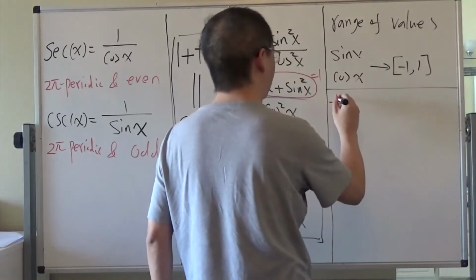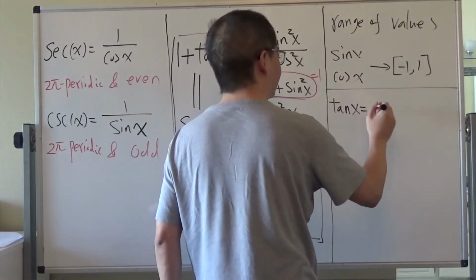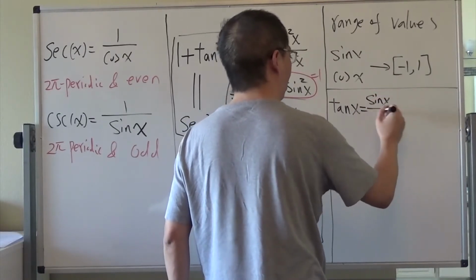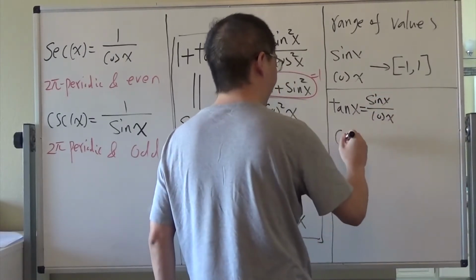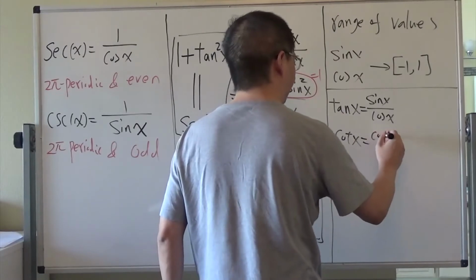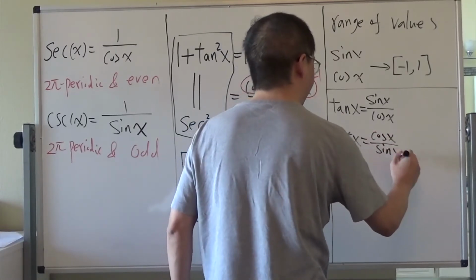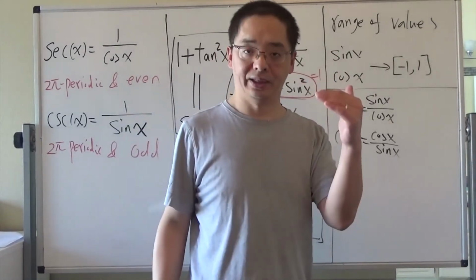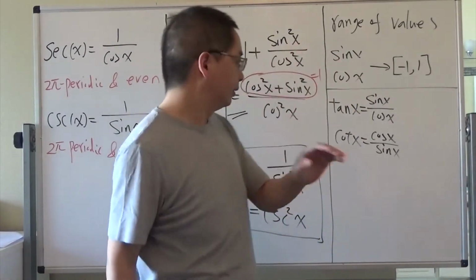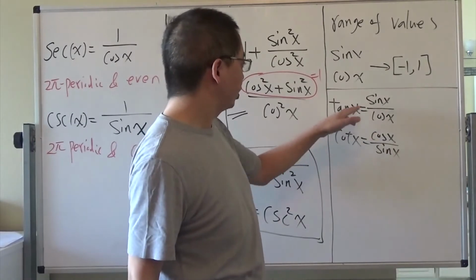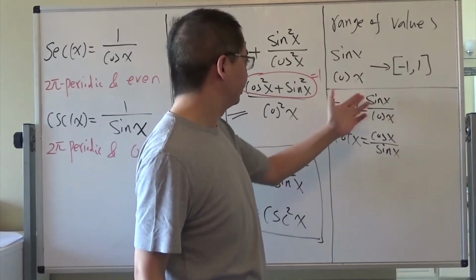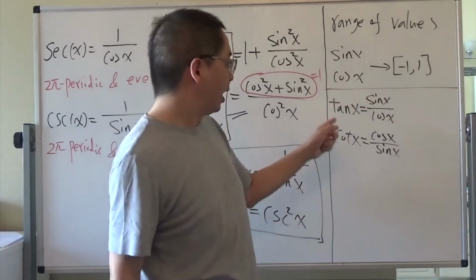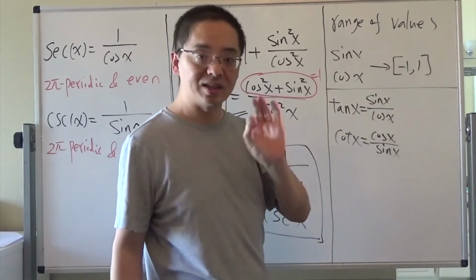Now for tangent and cotangent, tangent x by definition is sine x over cosine x. Cotangent x by definition is cosine x over sine x. Tangent x and cotangent x are pi periodic. The least period is pi. Both of them are odd functions. Tangent is defined when cosine x is not 0.